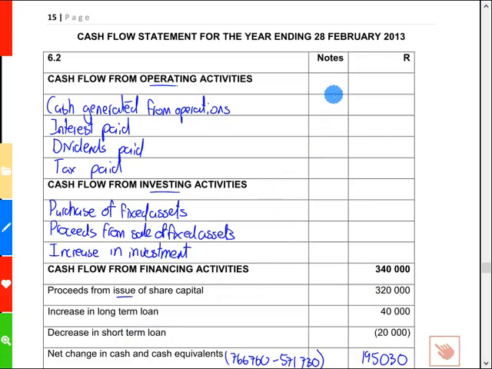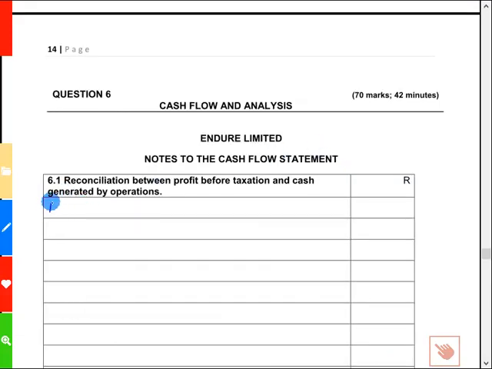Now we can start cash generated from operations. That's going to be note 1. And if we start with our net profit before tax. Alright, that's our reconciliation. We start with net profit before tax. And net profit before tax includes a whole lot of items.